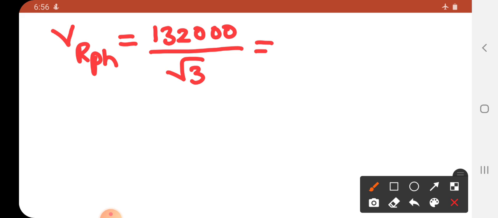How much is this value? 76200 volts approximately. Check once: 132,000 divided by root 3.